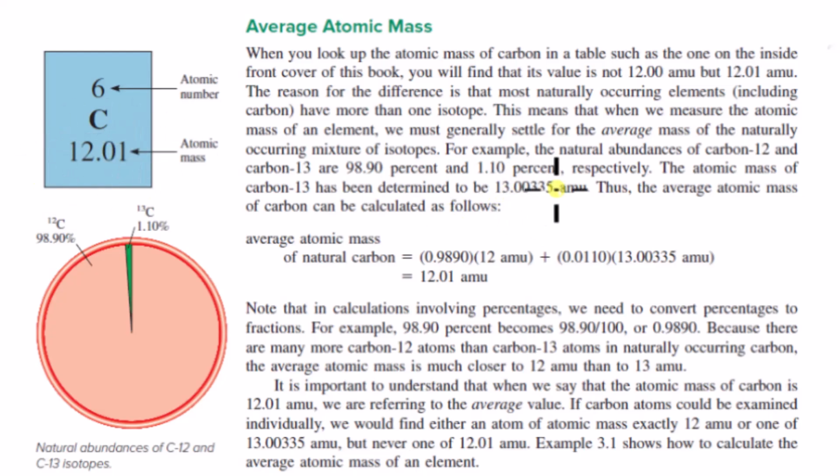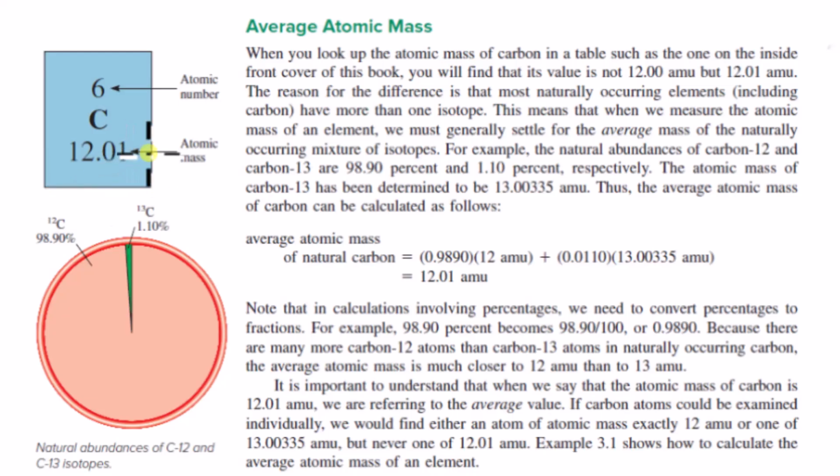So with carbon, if you have 98.9% carbon-12 and 1.1% carbon-13, then what's reported here is you take 0.989, the percent, times 12, plus 0.011 times the mass of carbon-13, and you get 12.01 AMU, which is what's reported for the mass of elemental carbon.